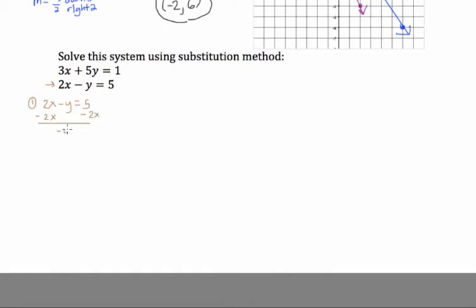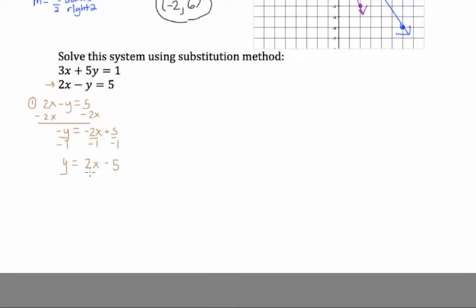This is negative y. Got to get rid of that negative before I start. To get rid of that, I'll just divide every term by -1. That'll make this y equals 2x minus 5.